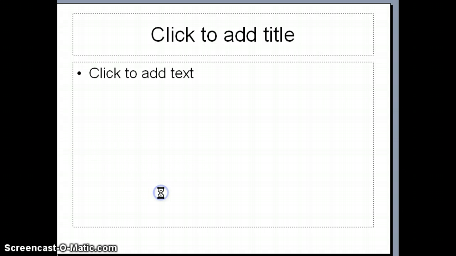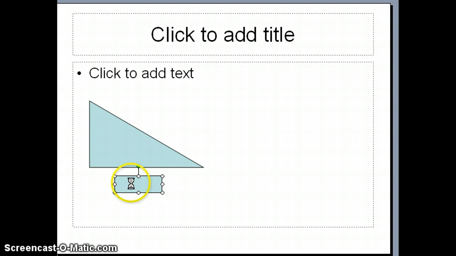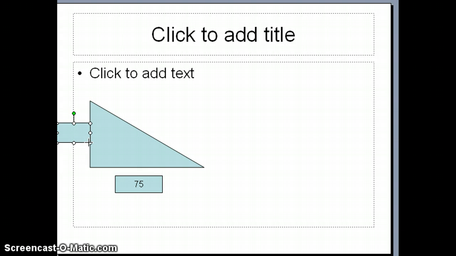Let's say you know that this is 75. That means that the hypotenuse is going to have to be greater than this side. This is also tips on building a triangle if you haven't caught on yet. Now, since this has to be less than 75, we can very easily make this 74.